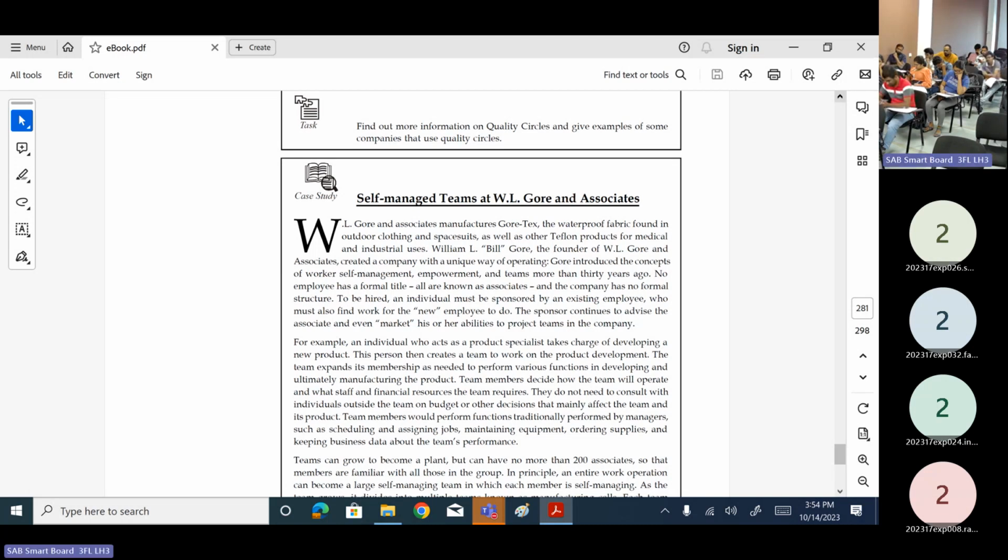But they have to do open advertisements as a legal requirement. The sponsor must also find work for the new employees to do. The sponsor continues to advise the associate and helps market her abilities to project teams in the company.